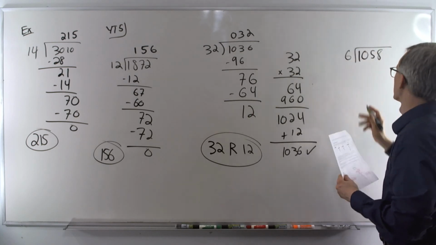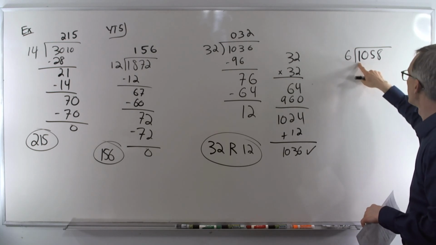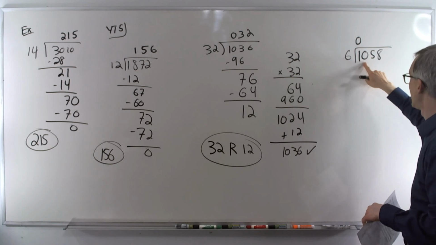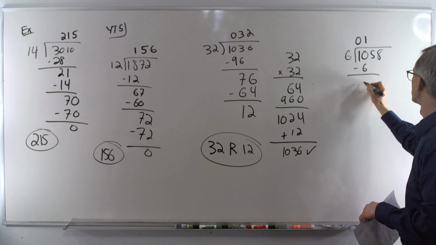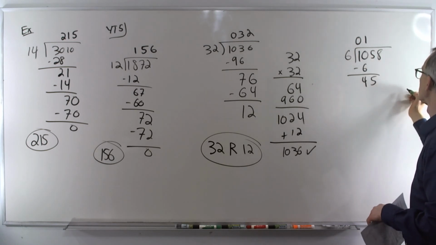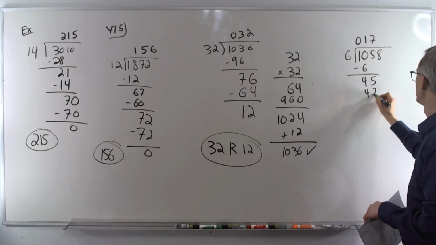1058 divided by 6. Let's see, 6 doesn't go into 1, so we'll put a 0 there. Now, how many times does 6 go into 10? That is 1 time. 1 times 6 is 6, subtract to get 4. Bring down the next one. 6 goes into 45 7 times. 7 times 6 is 42.